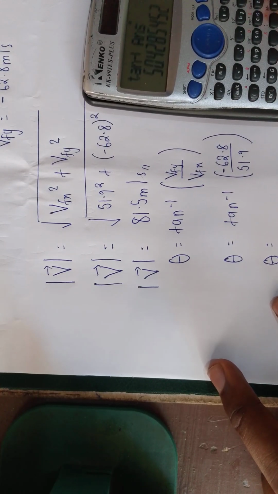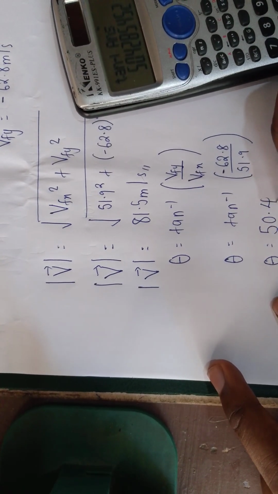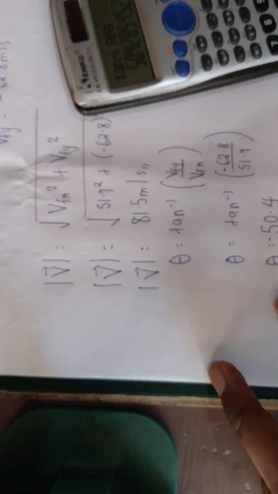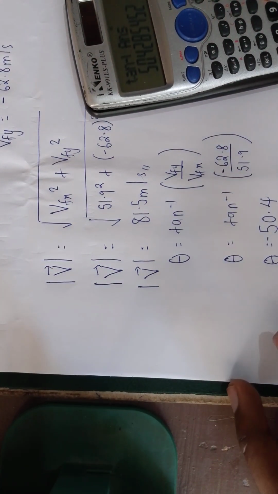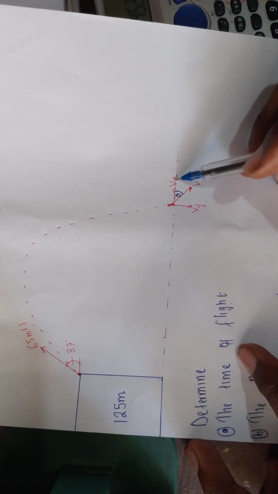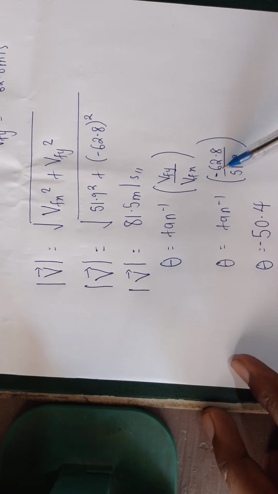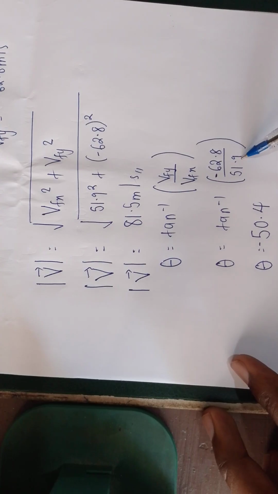Then tan inverse, you are getting 50.4, of which the negative here just shows that this angle is below the positive x-axis. Or if you want, you can get this to be positive: you just get 62.8 divided by 51.9, and then you get 50.4.